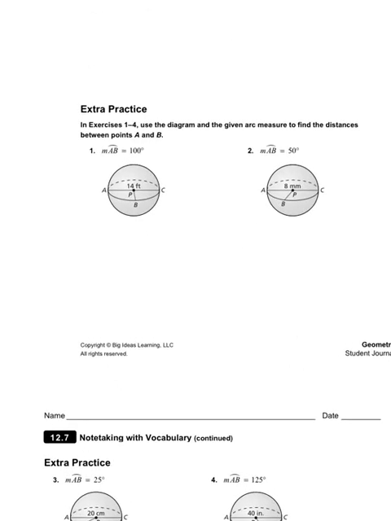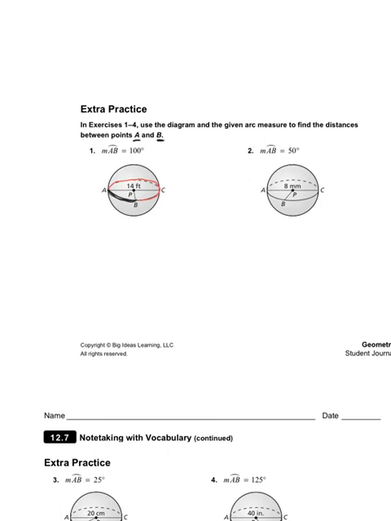But basically, what we're trying to find is the arc length of AB. And because it doesn't specify, because it just says the distances between A and B, you actually have to write both distances. So you have arc length AB, but then also you have another possibility here, which is this.